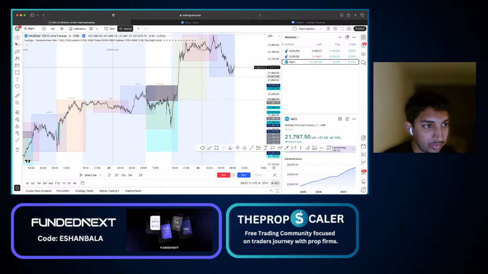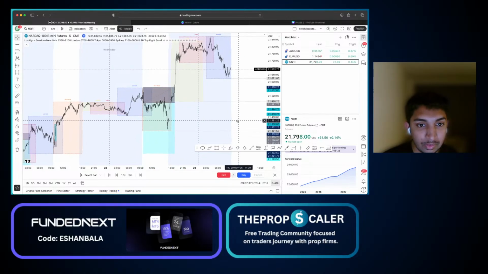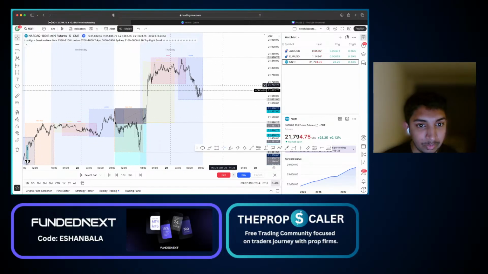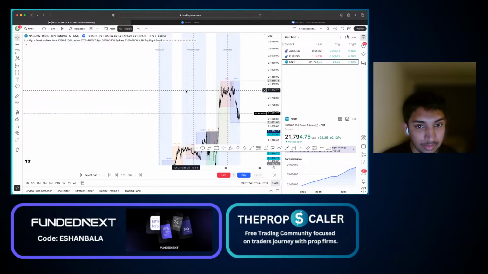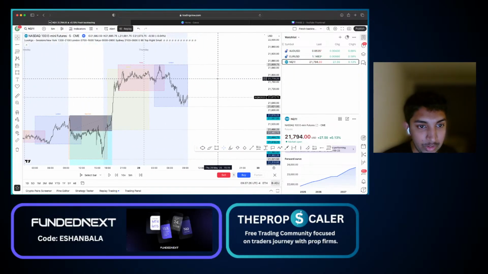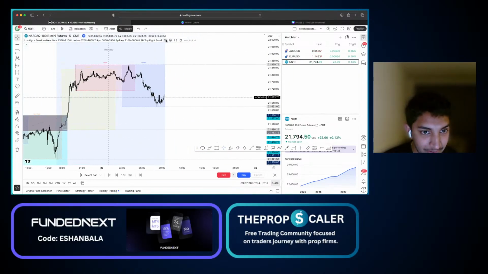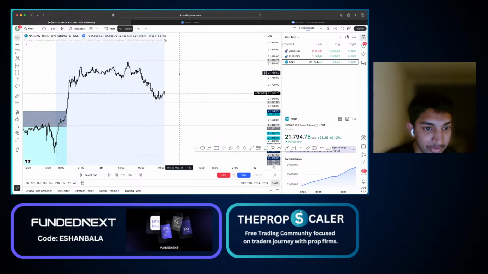We can mark out this V reversal. Cool, so we got some good levels here. Now, we will get rid of this indicator, and now we see what happens again.